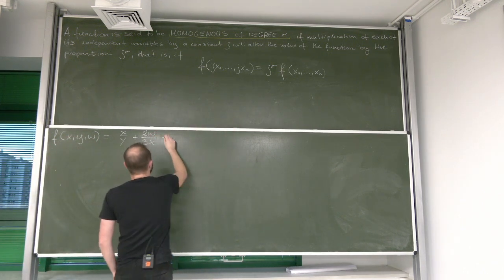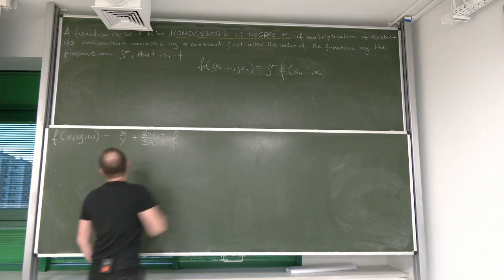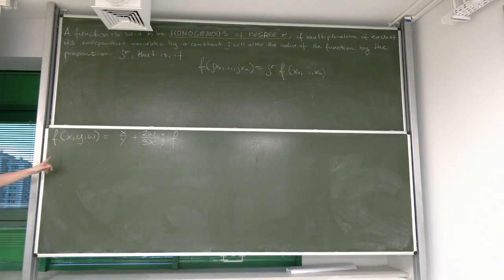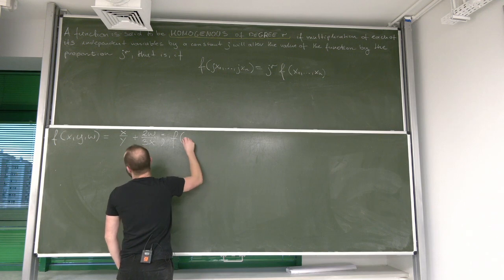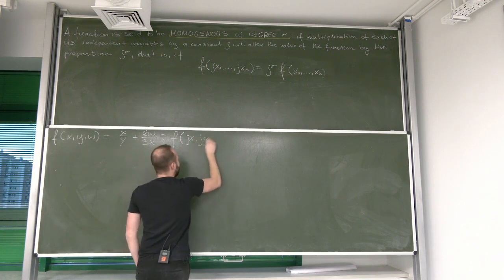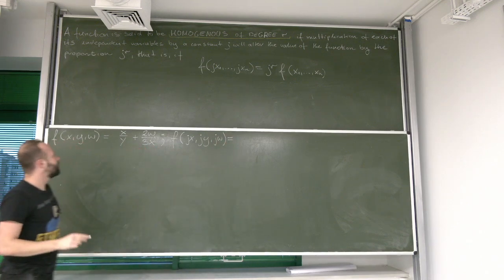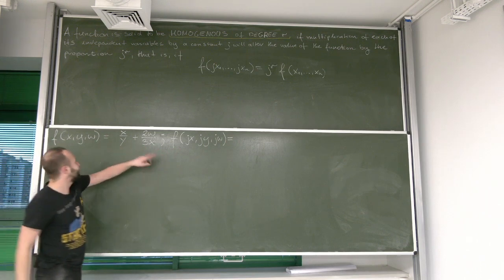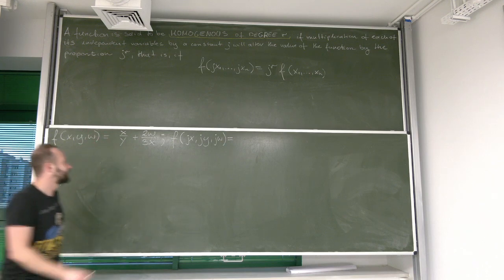So instead of writing this function, I'm going to see what will happen to it if I multiply each of its elements by a constant j. Here we will have f of jx, jy, and jw. So this means that now in each place, instead of x, I need to substitute jx, instead of y, jy, and instead of w, jw.